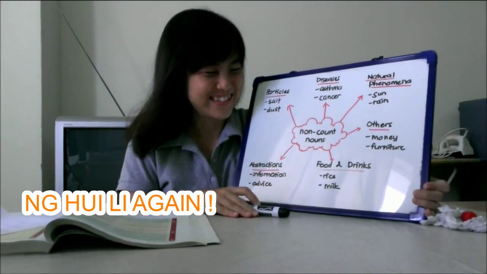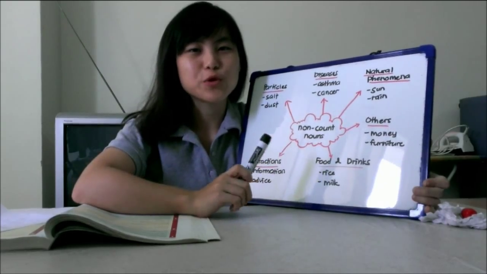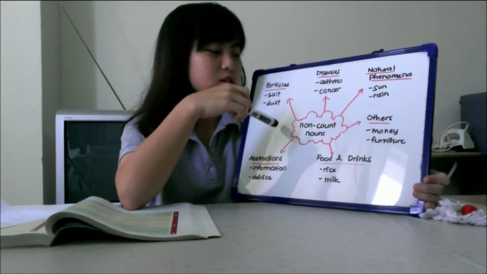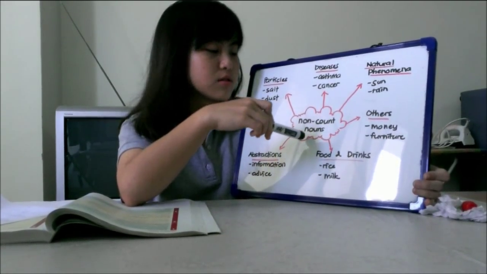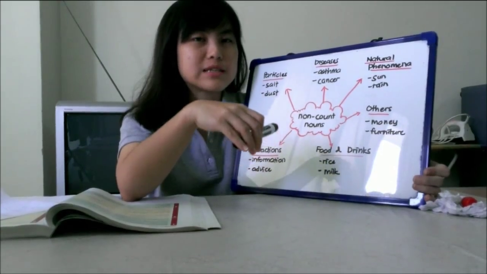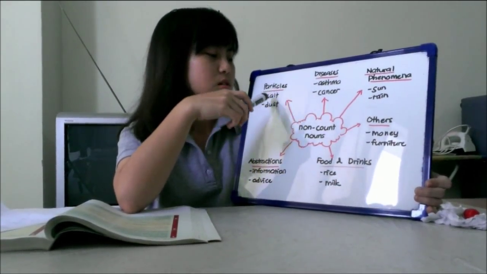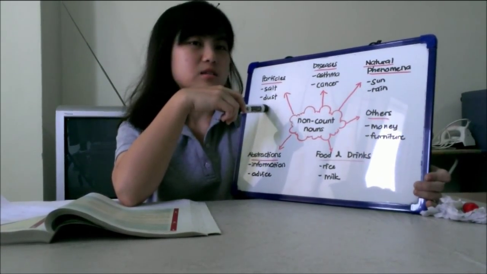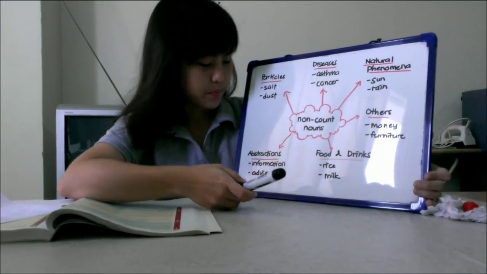Since non-count nouns are nouns which cannot be counted with numbers, here are some examples and categories of the non-count nouns. Non-count nouns can be nouns which are too small in size to be counted, which we call particles. Examples of particles are salt and dust. Particles cannot be counted by numbers.